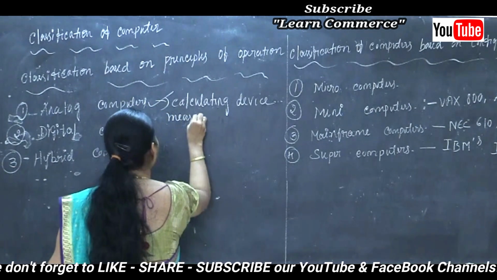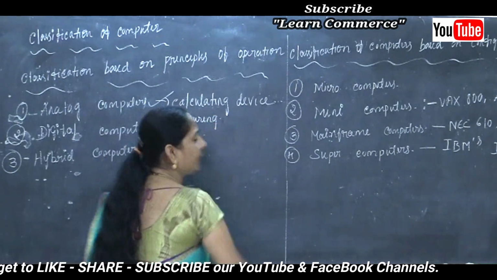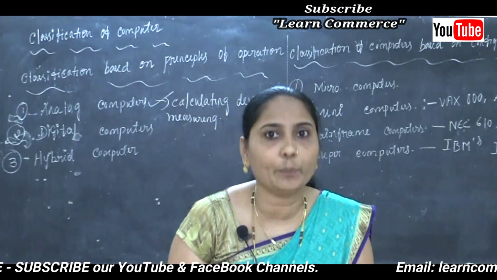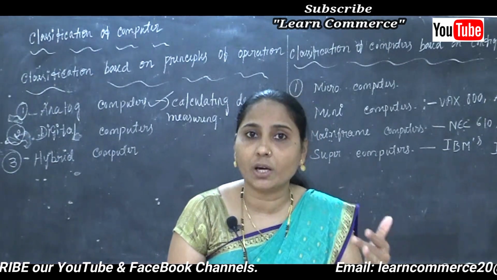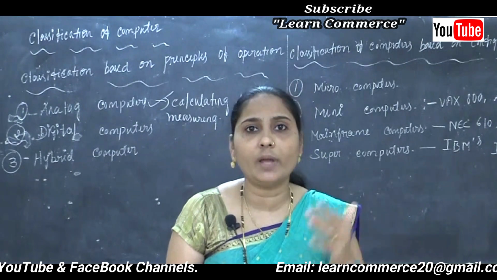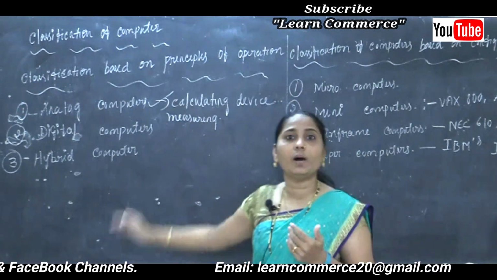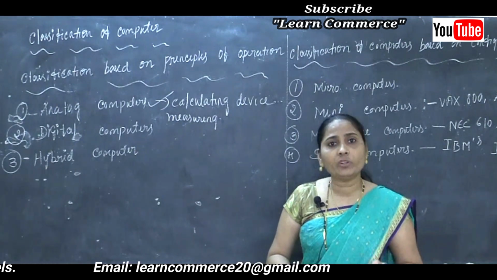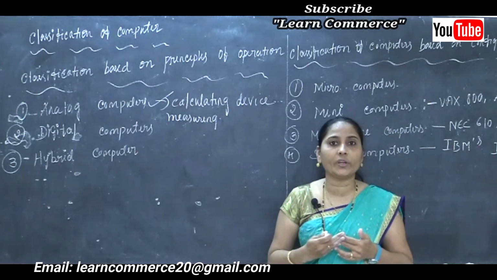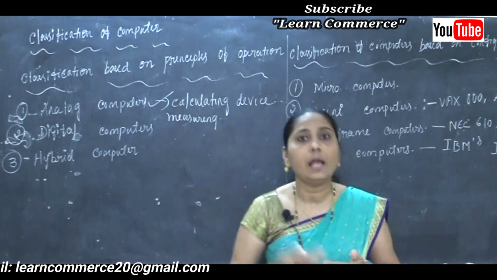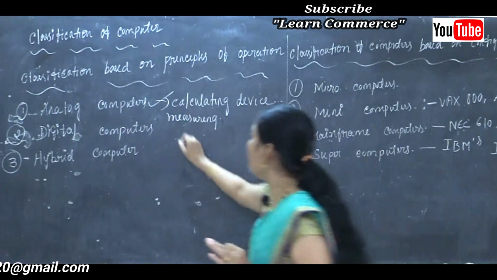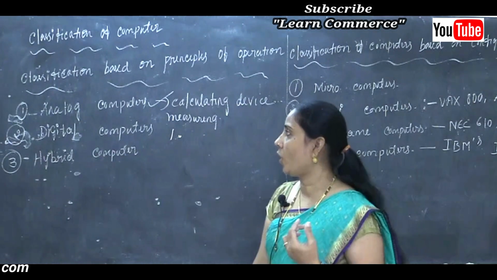The measuring is called measurement. That means by using an analog computer we are going to measure something. So what are we going to measure by using our analog computer? Before saying what we measure, let's look at some most important features of our analog computer.